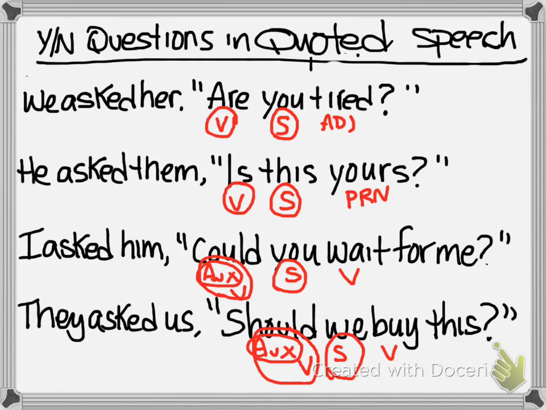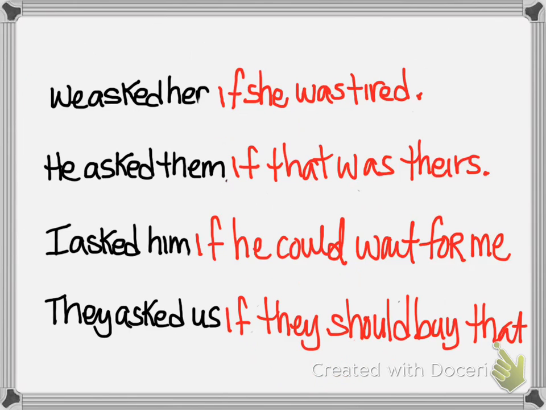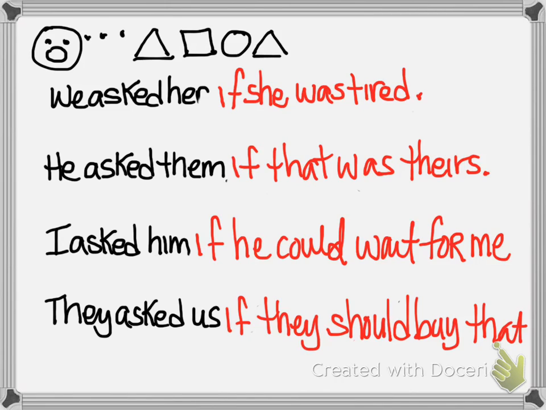Let's take a look at the answers to these if we change them into reported speech. So what I want you to do is try to figure out what is the pattern here. Remember, I said languages follow patterns. It's not just random stuff.